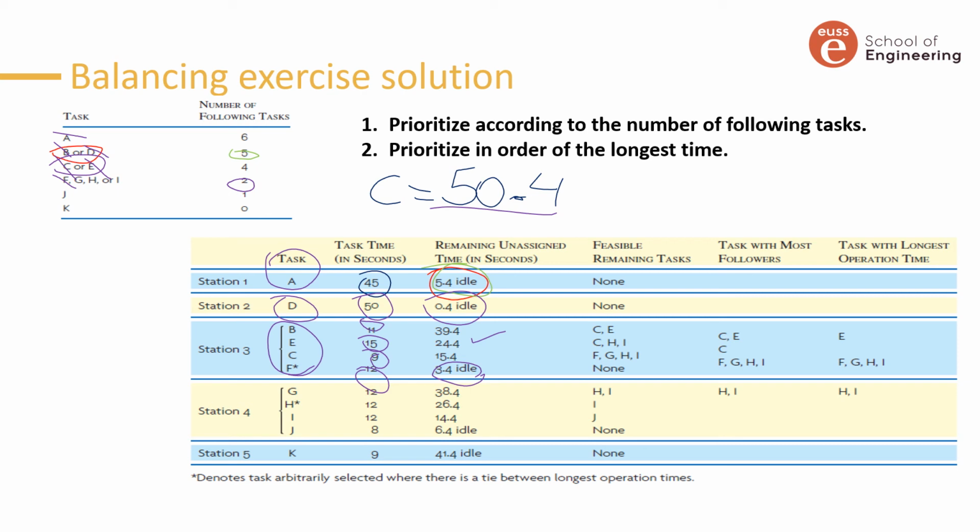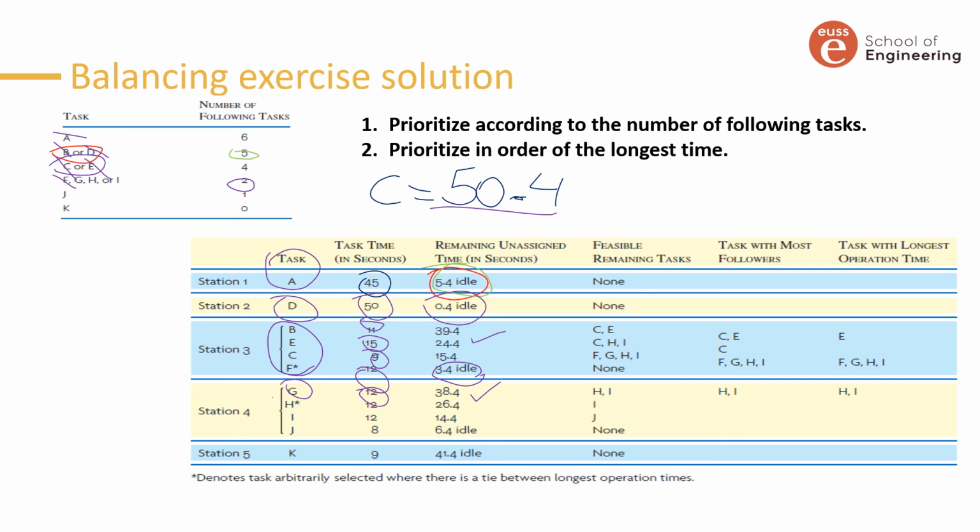Now we should assign the next task to the next workstation. Based on the reality that we talked about before, we can assign G or H or I. So for example, I assign G, with 12 seconds. It remains for us 38.4.